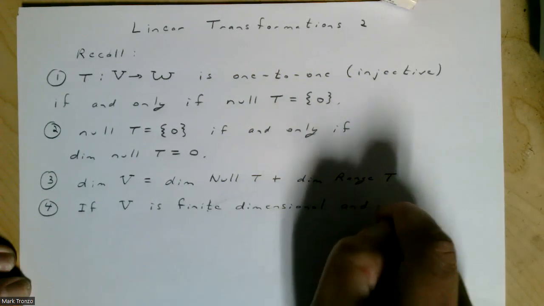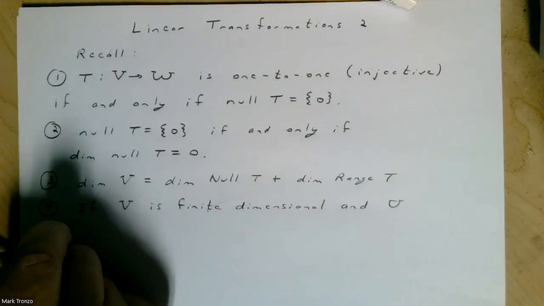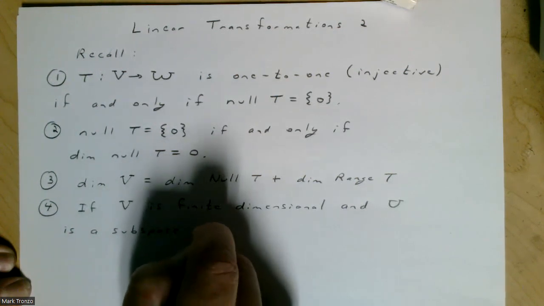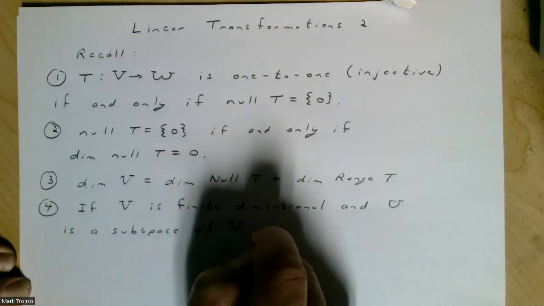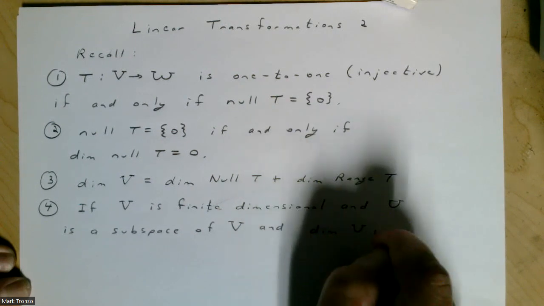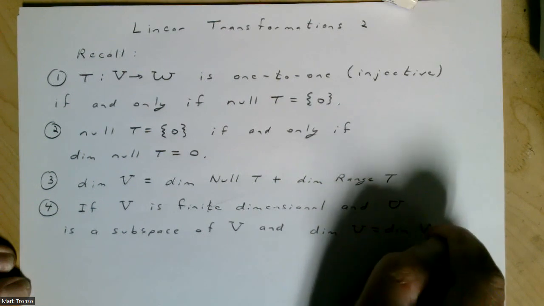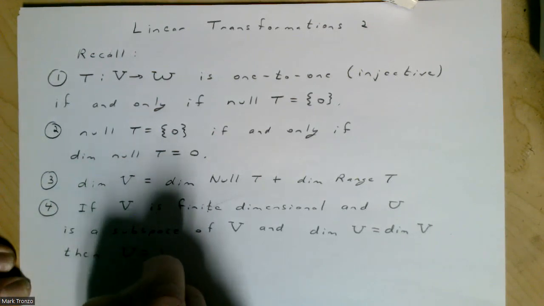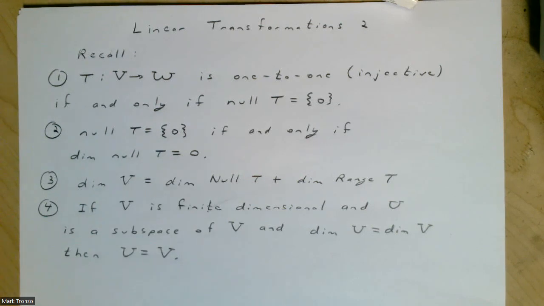and U is a subspace of V, and the dimension of U equals the dimension of V, then U is equal to V. So if you have a subspace and the dimension of your subspace is the same as the original space, then your subspace is equal to your whole space.